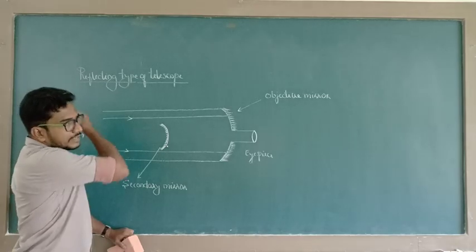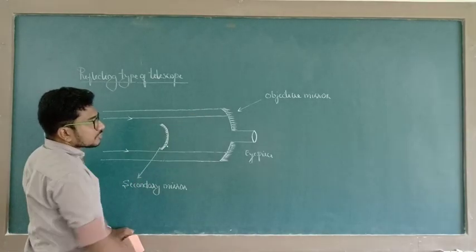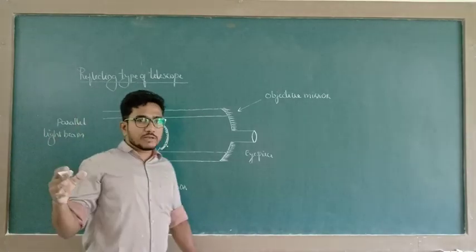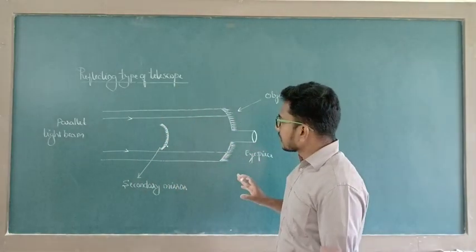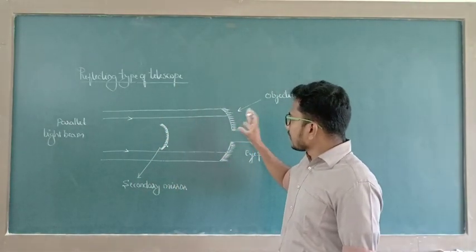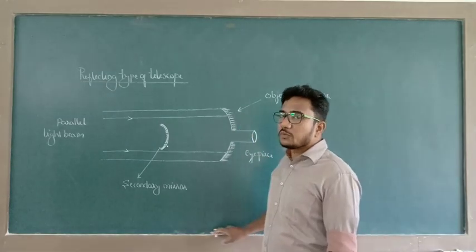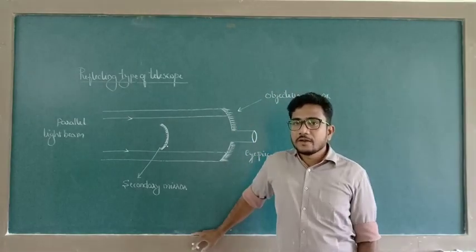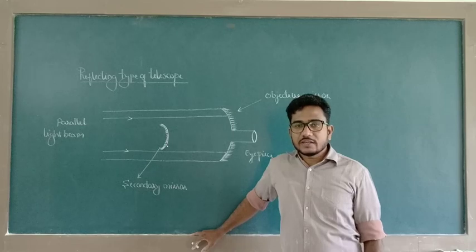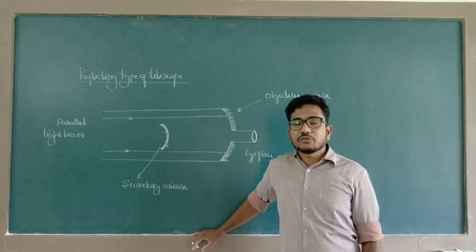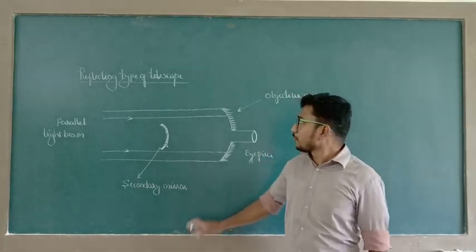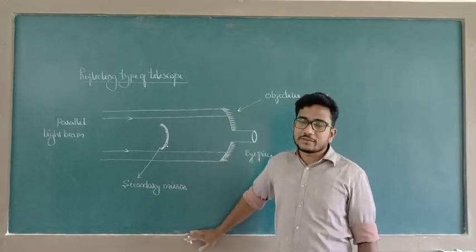So we know the nature of this concave spherical mirror. When a parallel beam of light is made incident on this concave spherical mirror, finally it produces a convergent beam of light. So here light rays are parallel to each other, and hence after reflection they are going to meet at the principal focus of this concave mirror.